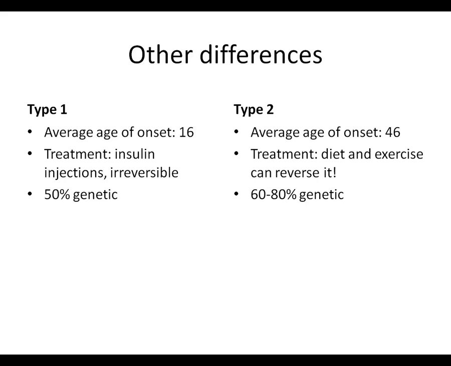Type 1 doesn't have as much of a genetic component as type 2. The percentage comes from twin studies.